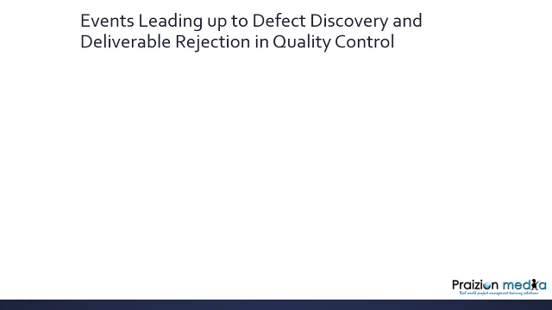All right, let's take a look at what we have here on the screen. It states events leading up to defect discovery and deliverable rejection in quality control.